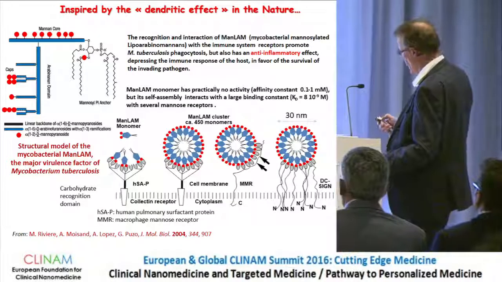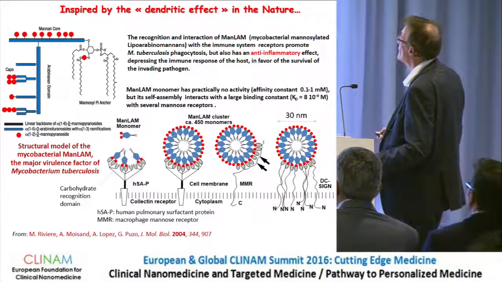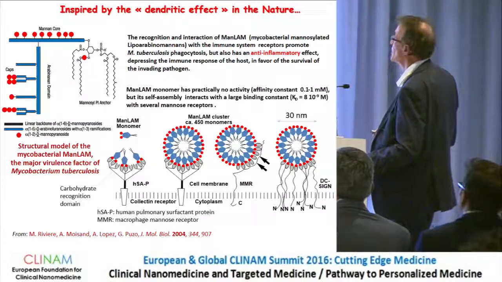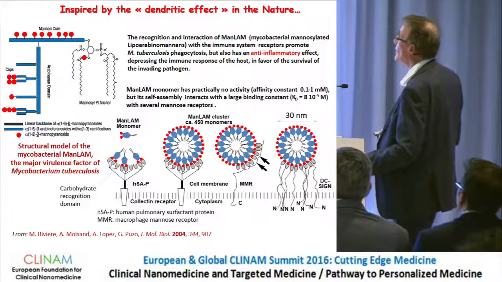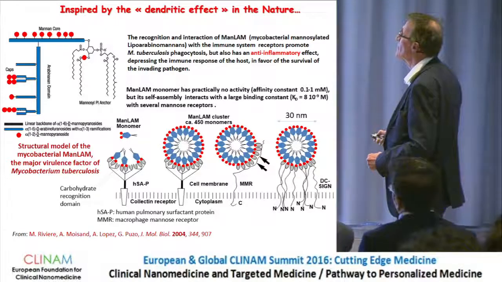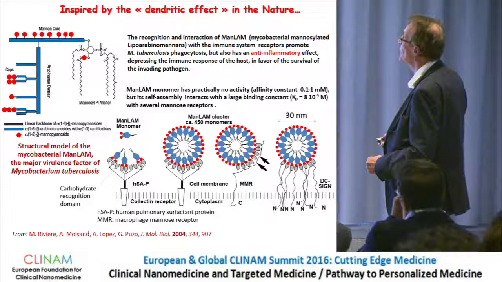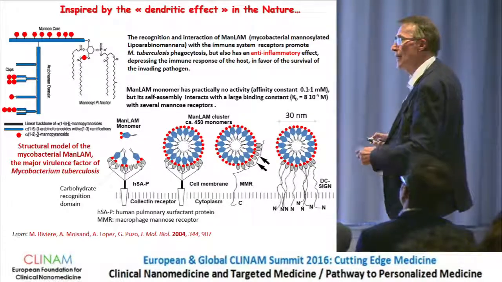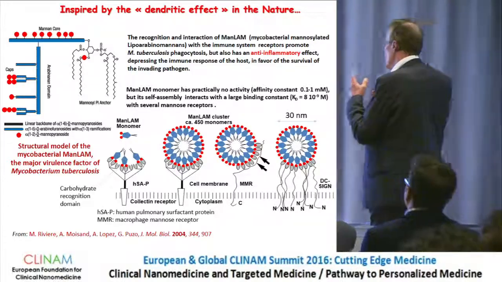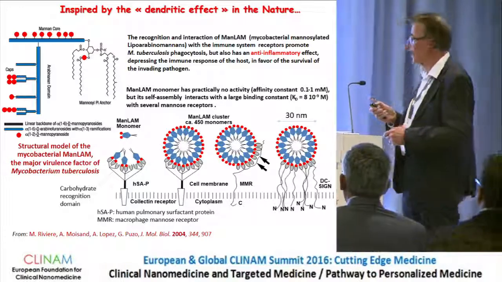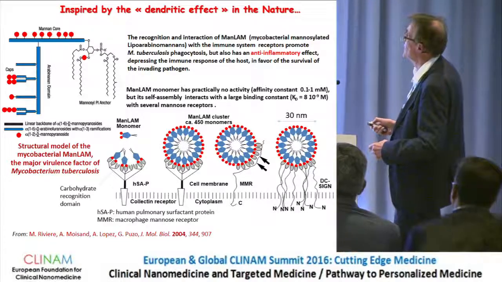And therefore, if you look at the ManLAM monomer, it has practically no activity, but its self-assembly interacts with a large binding constant with several mannose receptors. And so what we want to do is to mimic the action of the self-assembly of ManLAM.